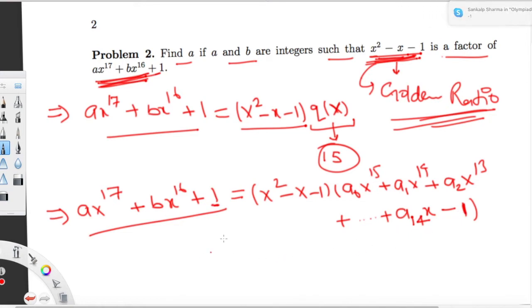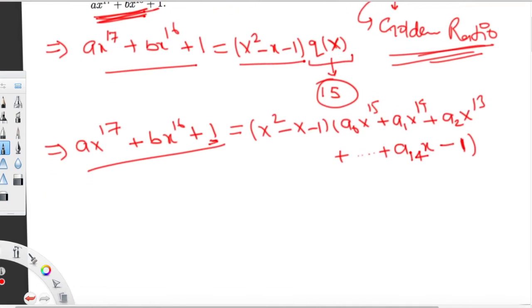So we have already balanced the constant term on both sides, but we have to balance all the powers of x. It means we must compare the coefficients of all the powers of x on both sides. We need to figure out the value of a, and a is the coefficient of x^17. Here the coefficient of x^17 is a0, so the first thing is a equals a0.